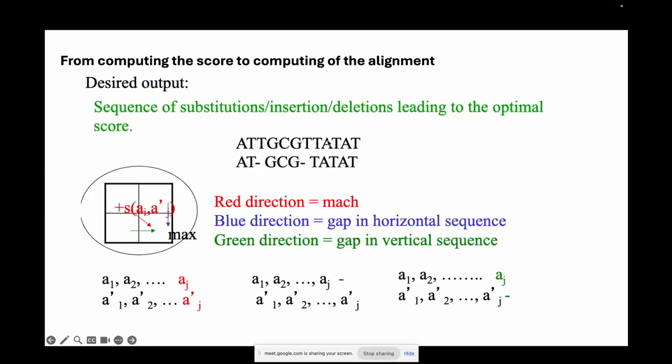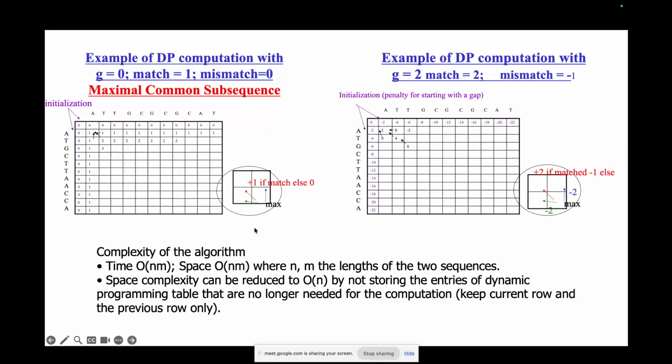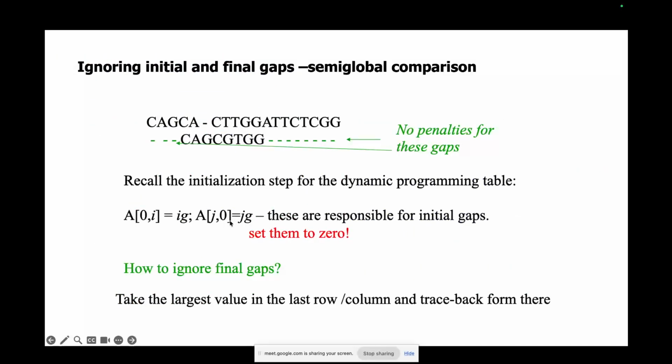But if you imagine that you do not require all those initial gaps, you do not score those initial gaps, what you try to do is basically set them to 0, as is done here in the left hand side plot. Then you are not penalizing for gaps that are flanking one of your sequences on the left or the right.